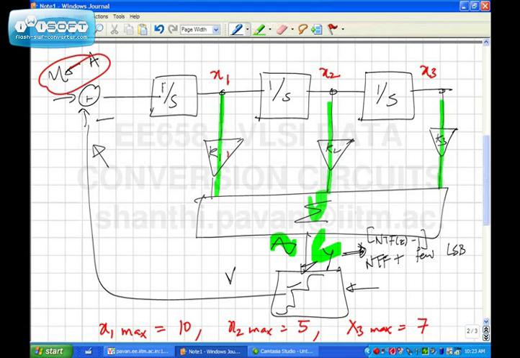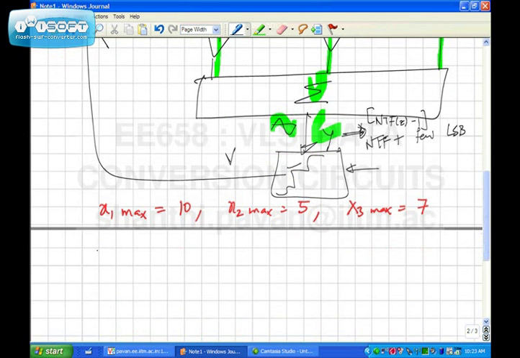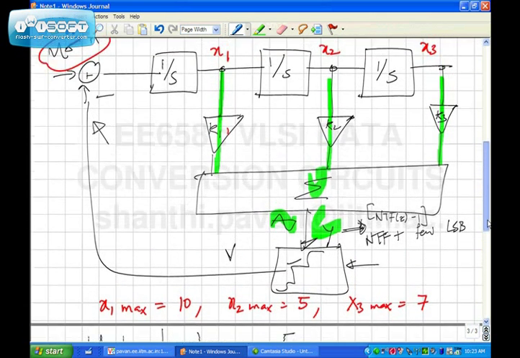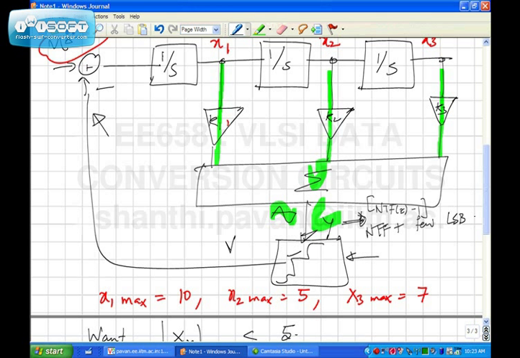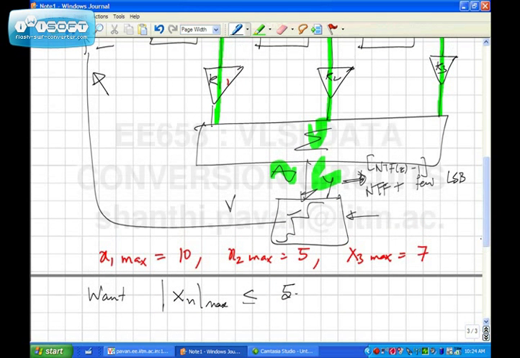Let's say I want to limit all my state variables to be less than or equal to, let me take some arbitrary number, 5. What would I do? I want the maximum of state variable x1 to be less than or equal to... Sandeep, what? Wake up.